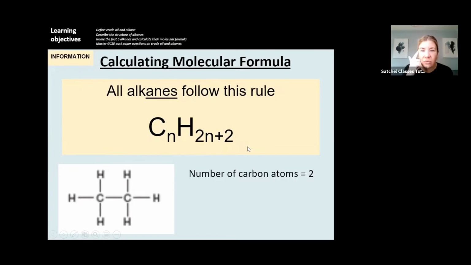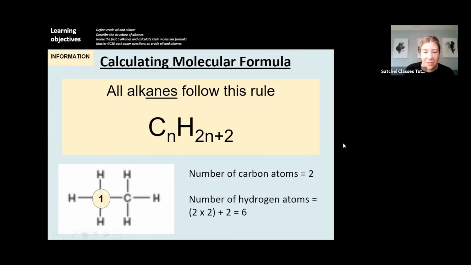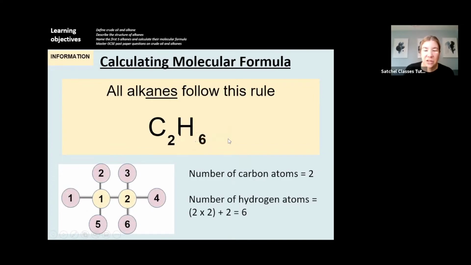And then think about how many hydrogen atoms that is. Again, you can always check by counting down here. The number of hydrogen atoms is 6. Let's put that into our molecular formula then. We count the number of carbons, count the number of hydrogens, which means C2H6. This is the molecular formula that we have calculated from the general formula.